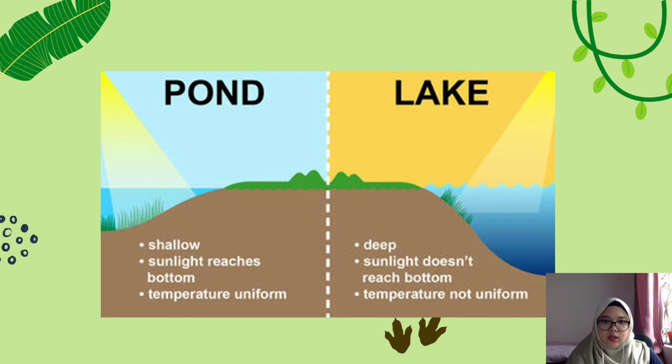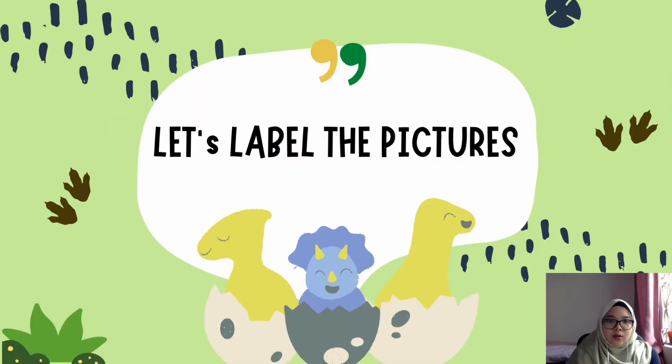And for the lake, it is deeper and sunlight doesn't reach the bottom, and the temperature is not uniform, which means the temperature is different at the surface, and as it goes deeper, the temperature also changes. Okay, we have settled our explanation on the differences between the lake, pond, river, and also stream.